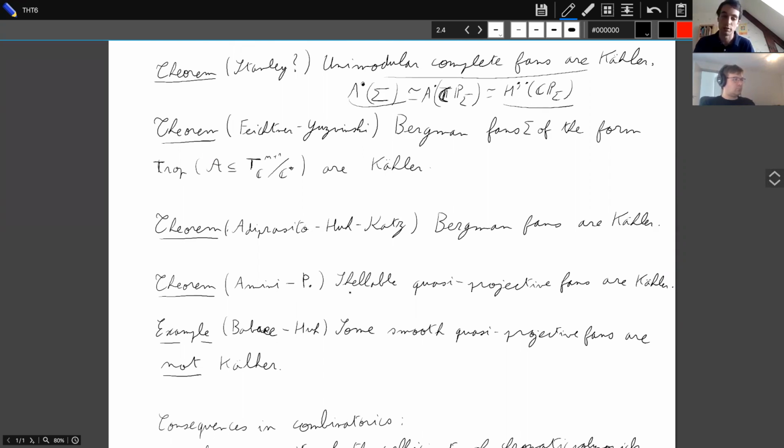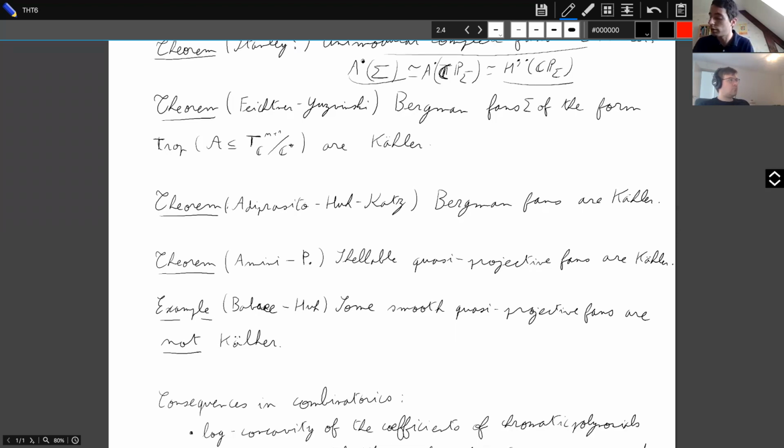But in the classical case, for any projective complex variety and any ample class on it, we have the Kähler package. This is not true in the tropical world.